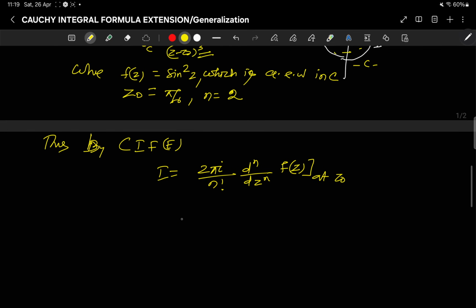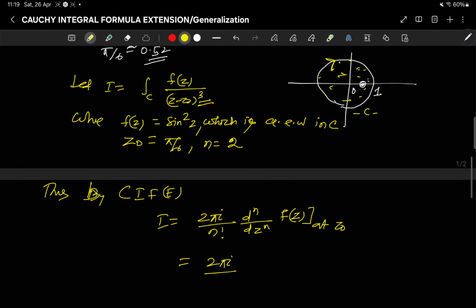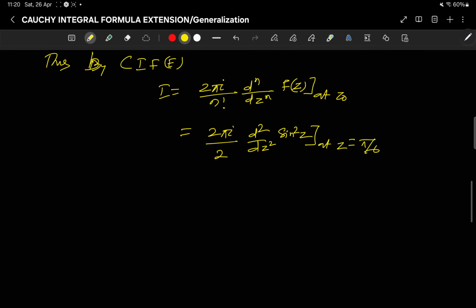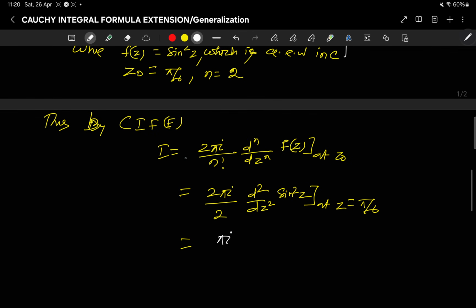I can write it as 2 pi i by factorial 2, since n is 2, d squared by dz squared of sine squared z at z equal to pi by 6. So this is equal to pi i, and we write a minus because the orientation is clockwise.